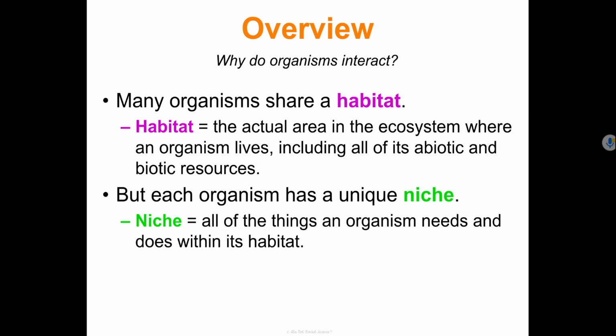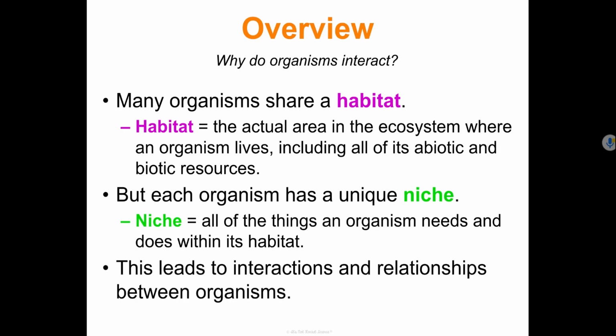Take bees, for example. They not only make honey, but in the process, they pollinate many flowers, and that's their role in that ecosystem or their niche. The fact that organisms have a unique niche leads to interactions and relationships between organisms.